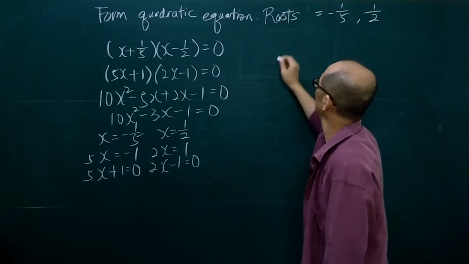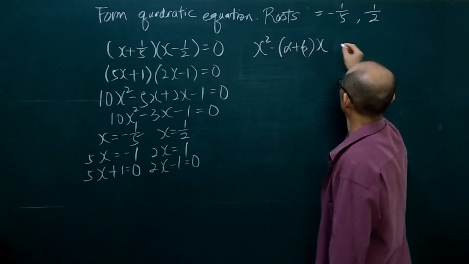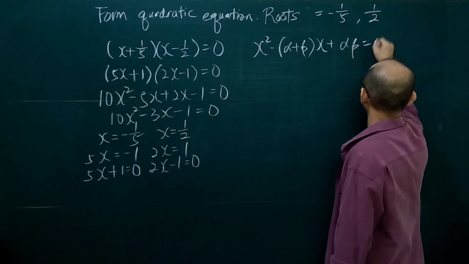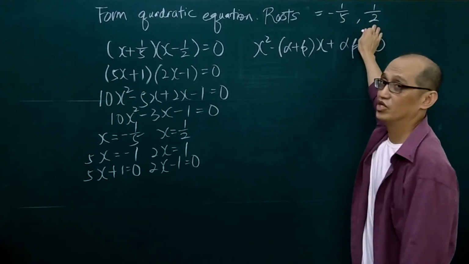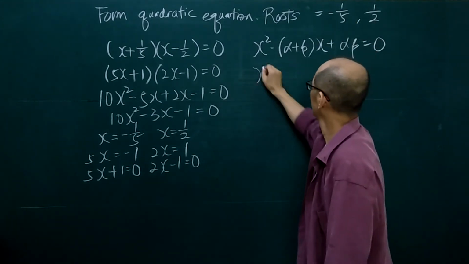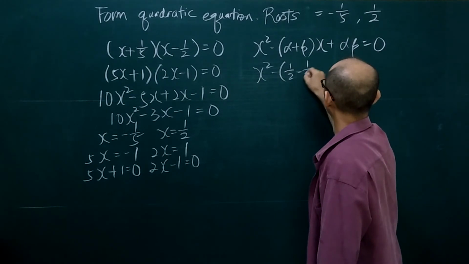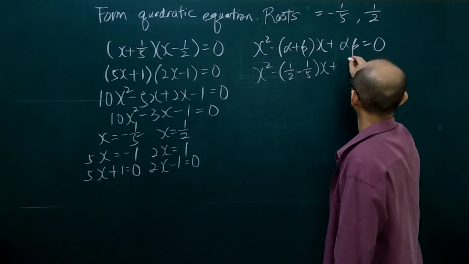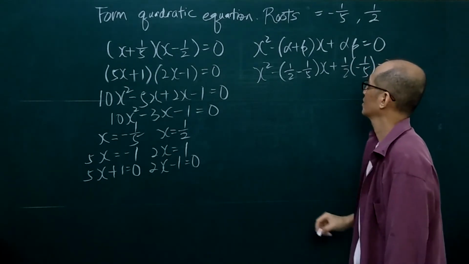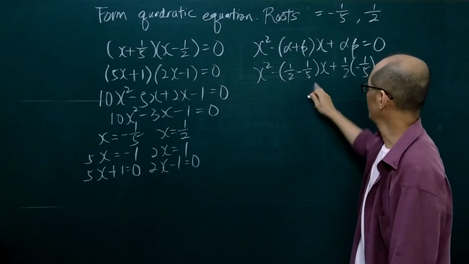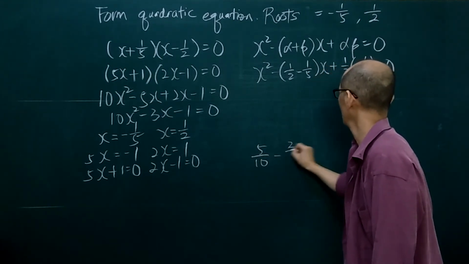The second method is this, where alpha and beta are the roots. So we just substitute this value into here. Right, 1 over 2 minus 1 over 5 is 5 over 10 minus 2 over 10.